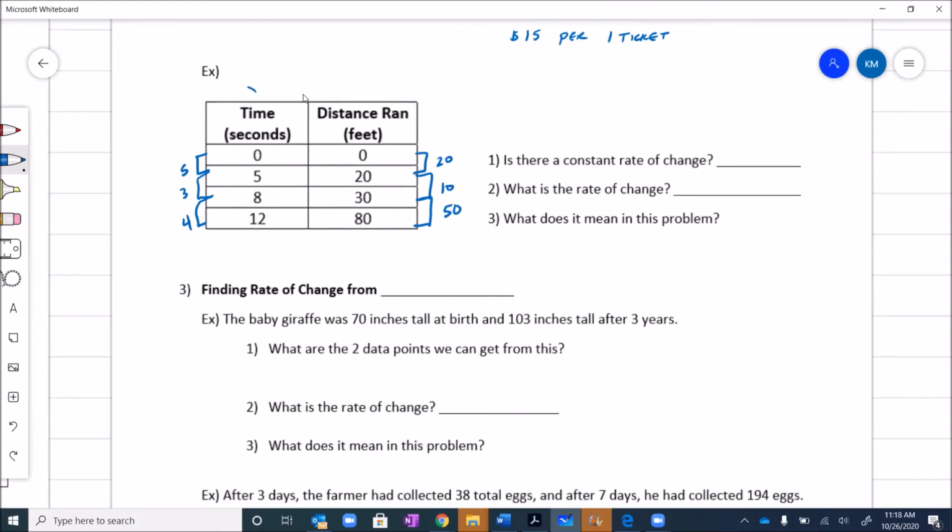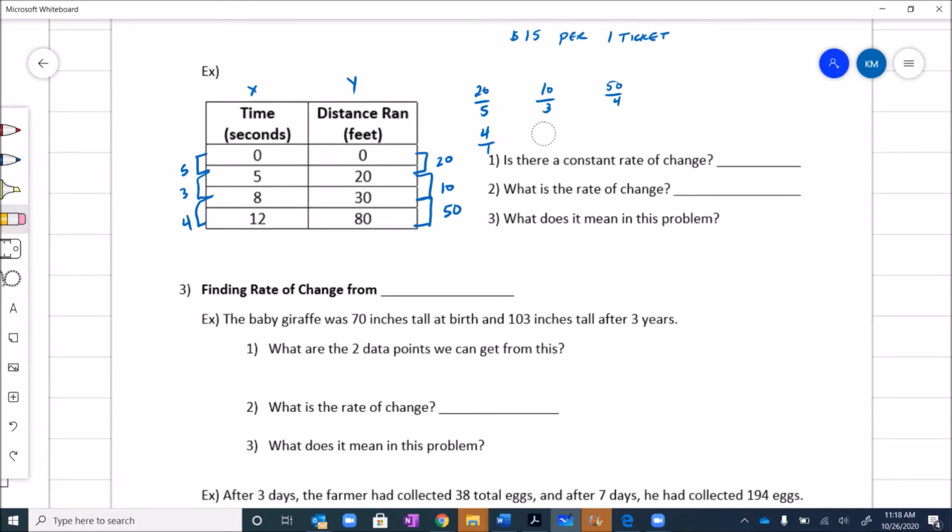So again, our y over our x, 20 over 5, simplifies to 4. 10 over 3, ooh, that's like 3 1/3. 50 over 4, what is that? 25 over 2. So 4 over 1, 10 over 3, I can just leave it as that.